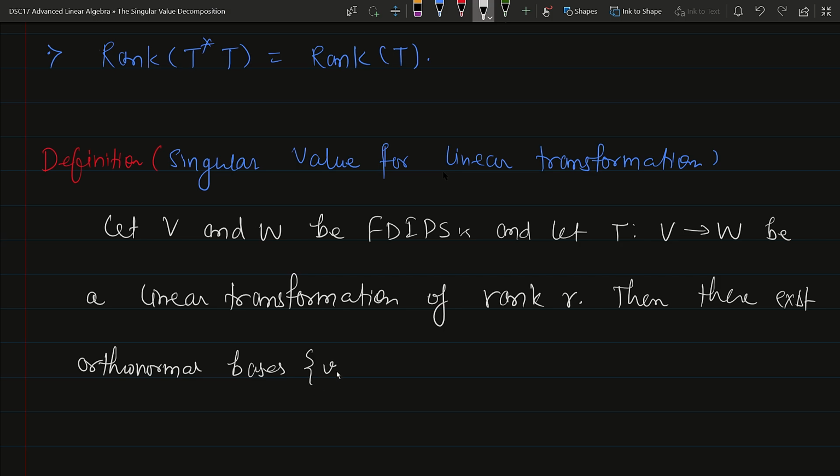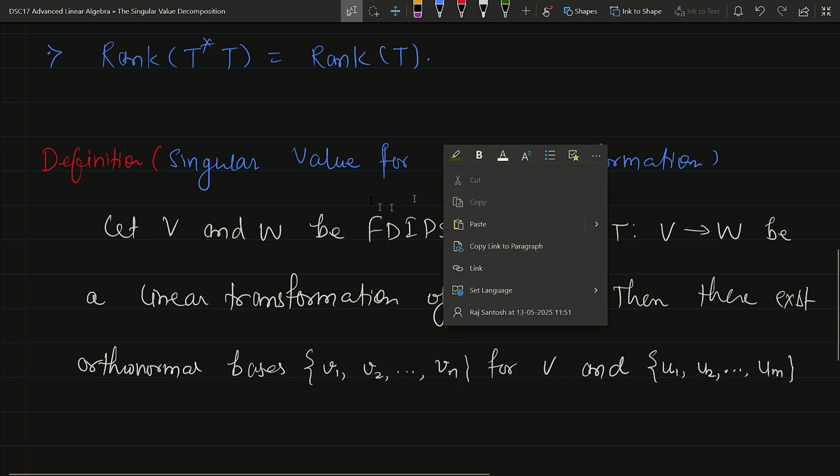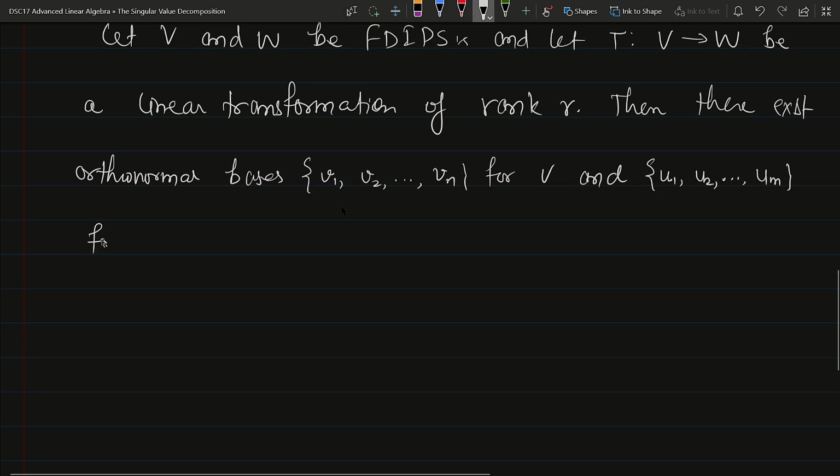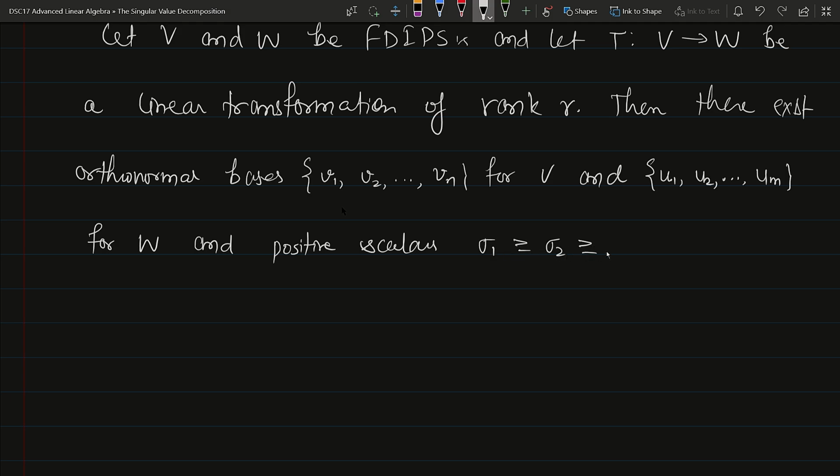that is v1, v2 and so on, vn, for V, and the basis u1, u2 and so on, um, for W. Okay, and positive scalars sigma 1 greater than or equal to sigma 2 greater than or equal to and so on greater than or equal to sigma r.